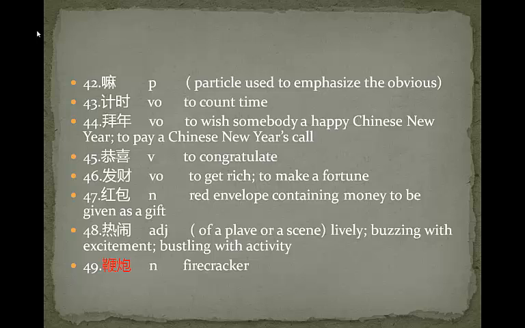Okay. And number 49, 鞭炮, firecracker. So the first character 鞭 can be divided into left and right part. The left part is a radical, we call it 革字旁. It indicates the meaning of leather. So because usually the basic meaning of the character 鞭 is whip.